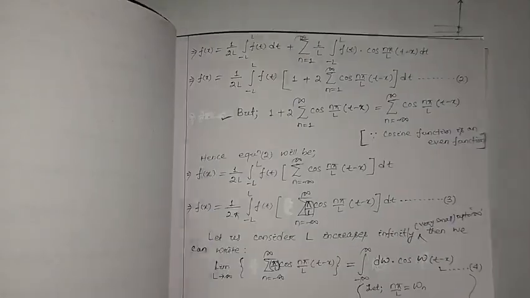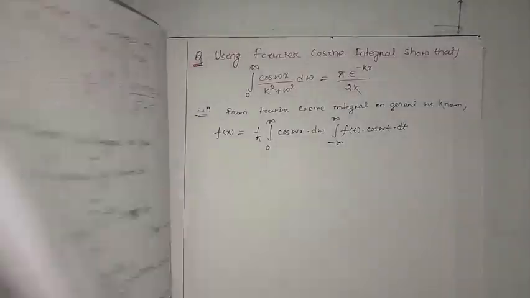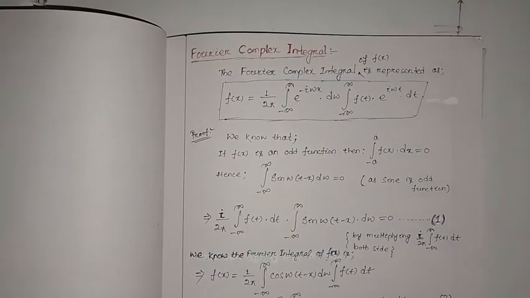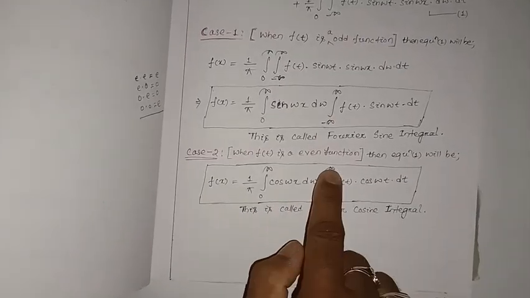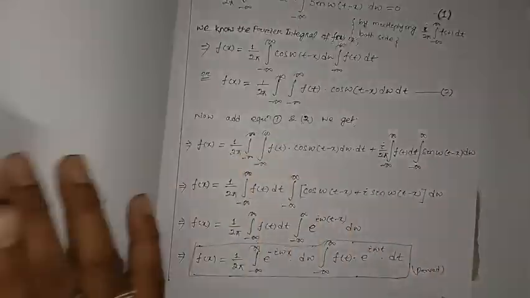You can check your notes, that is the Fourier cosine integral: cos omega x, 1 by pi, minus infinity to plus infinity f of t cos omega t dt. Okay, the same thing I have written.